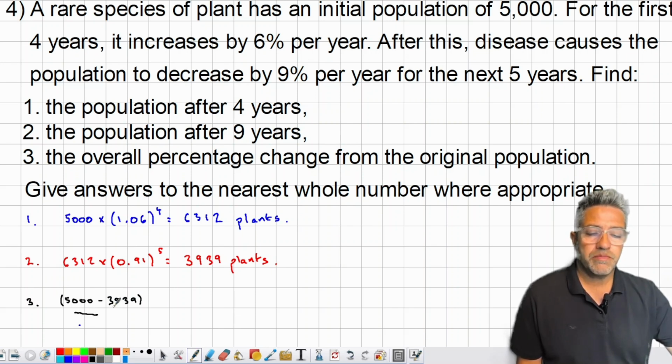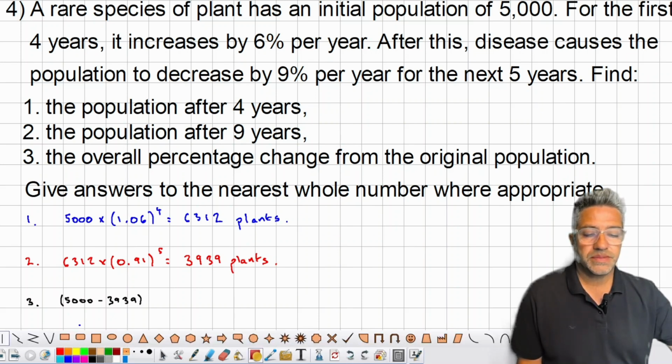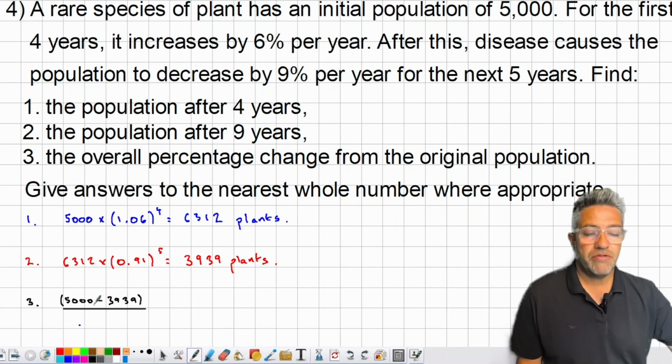All over, in fact, let's get this looking neat. Our original value, which was 5,000, times 100.